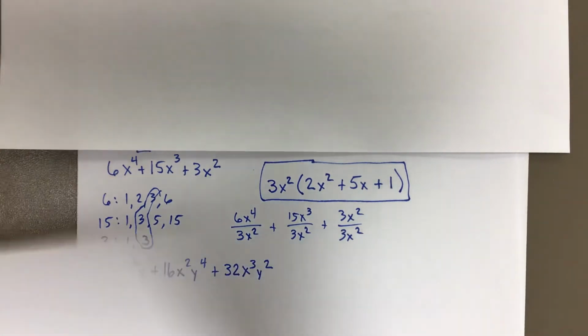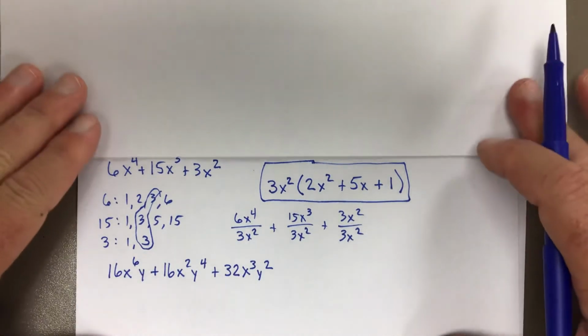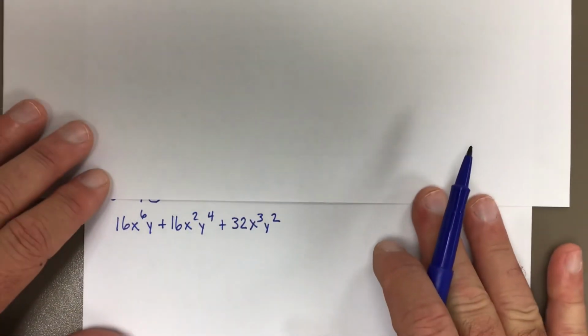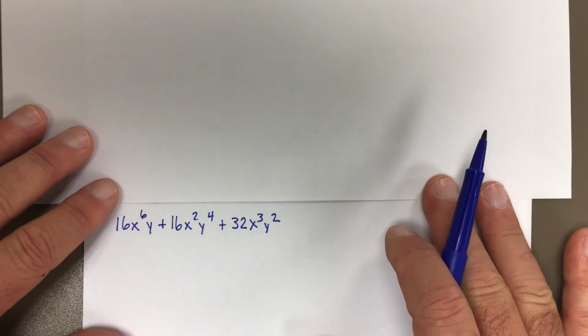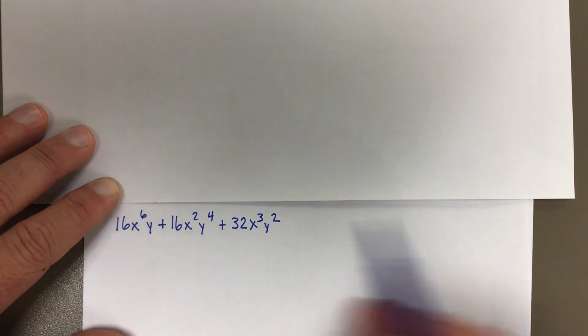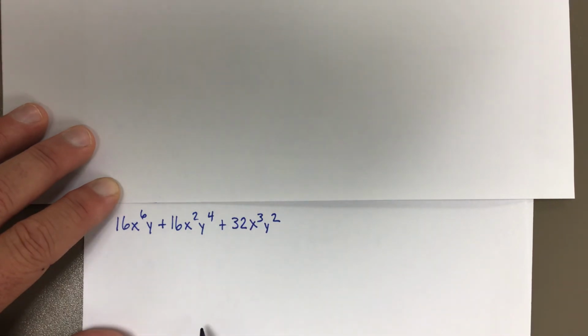And then last but not least, let's take a look at this one. It gets a little bit, now there's 2 variables, right? So we have to be careful with the 2 variables, making sure that everybody is accountable. So xy, xy, xy. So it looks like everybody has at least one xy in common. And then 16, 16, and 32.